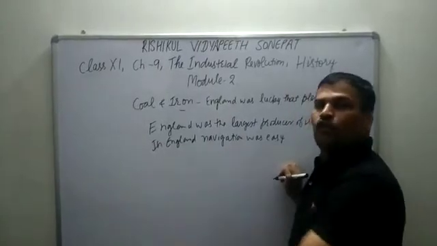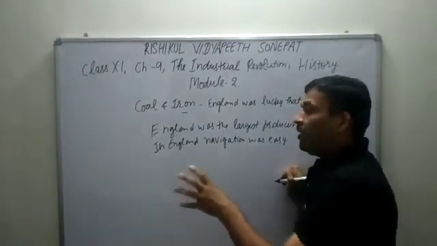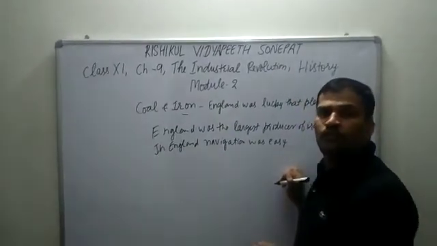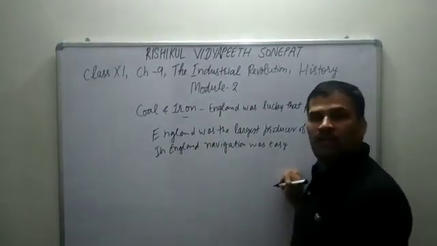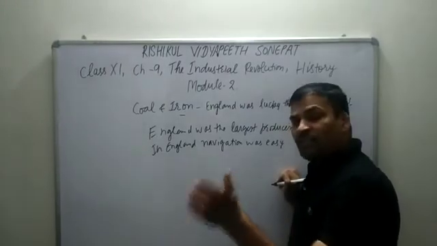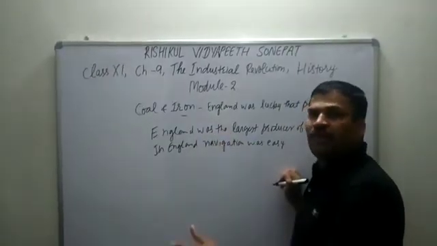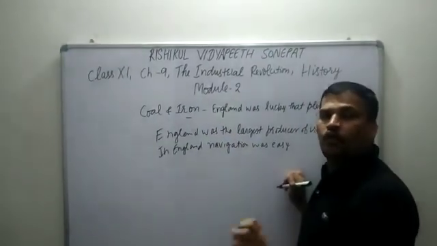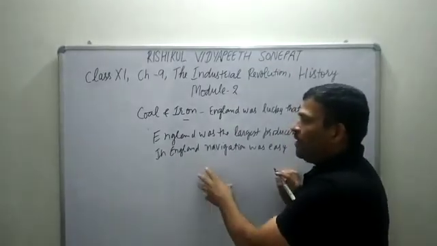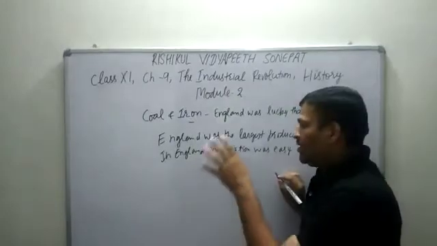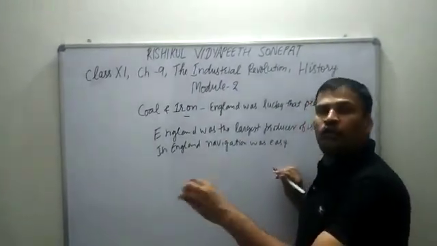The work continued, and due to these factors England became the largest producer. The whole world was on one side, and England on the other, because iron smelting and coal were very near, and fuel could be sent very easily. So these were some of the things that changed the status of England into the modern era.